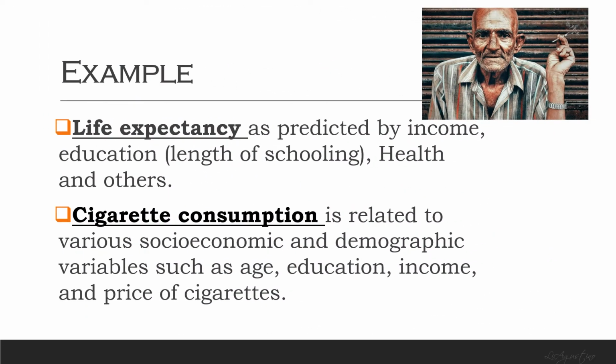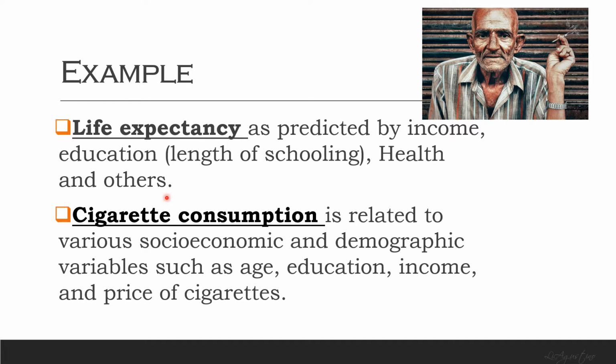And so let's have some examples. We have life expectancy as predicted by income, education or the length of schooling in years, and your health status or others. So what is life expectancy? It is actually the estimate of how long a person of a given age can expect to live. Let's say our life expectancy is 72 years old or 75 years old.